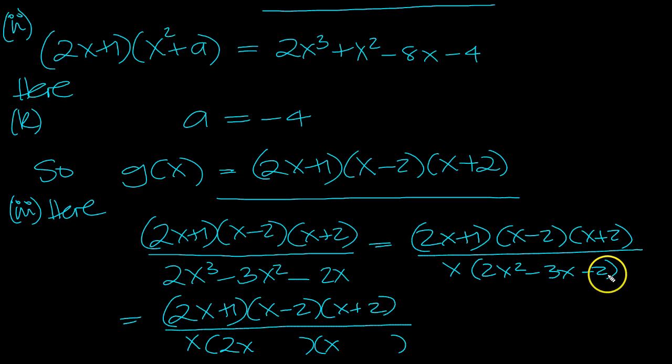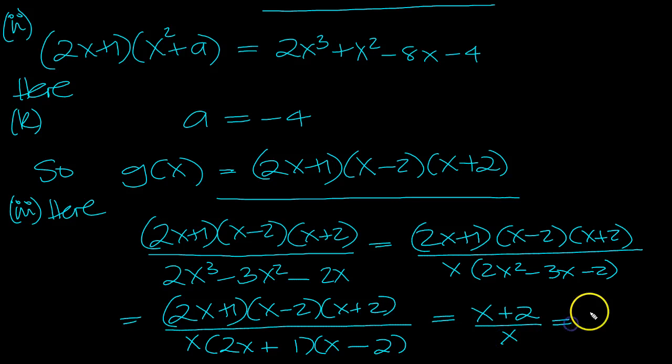We've got a 2 here, so let's put the 2 there to give 4 and 1, and the difference will be 3, provided that's a minus and this is a plus. 2x squared minus 4 plus 1 is minus 3x, plus times minus is minus, and 2 ones are 2, so this is all fine. So the 2x plus 1 cancels with this one, and the x minus 2 cancels, and we just get left with x plus 2 over x, which is equal to 1 plus 2 over x.